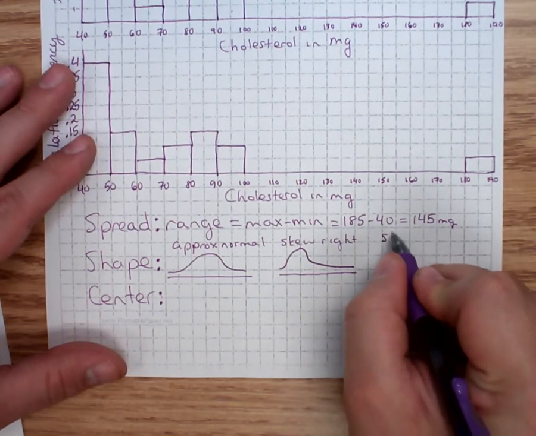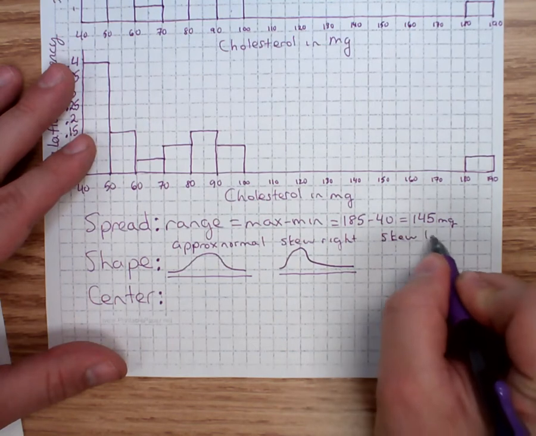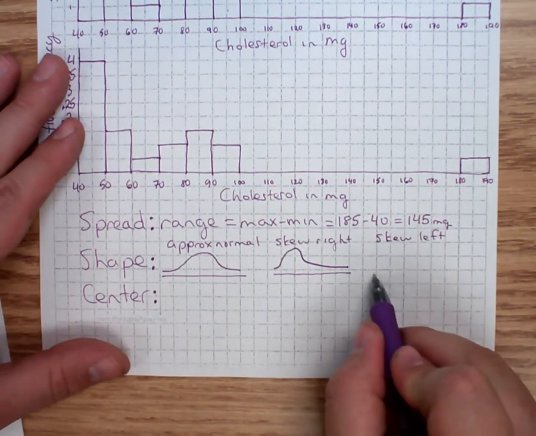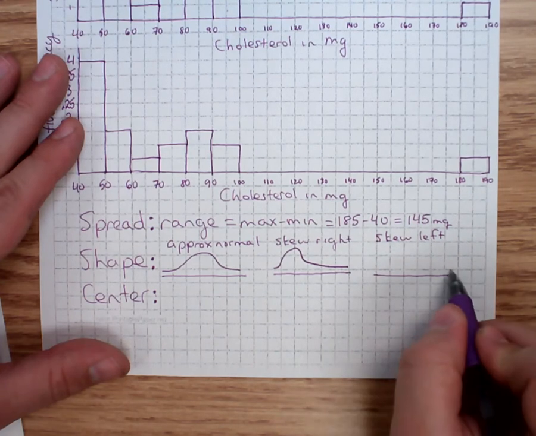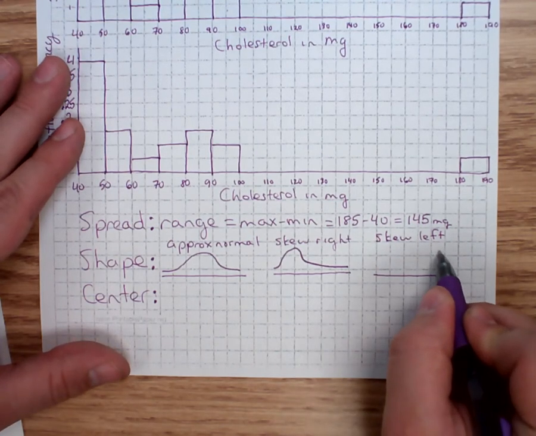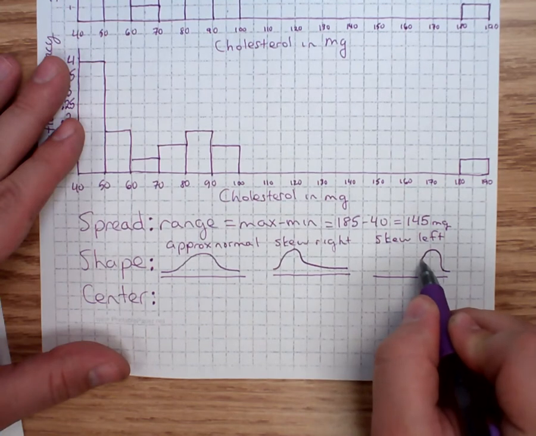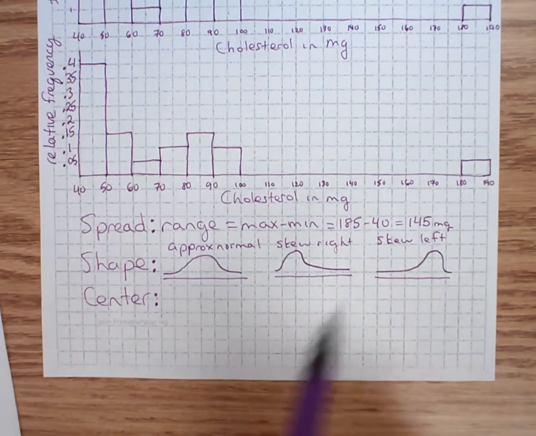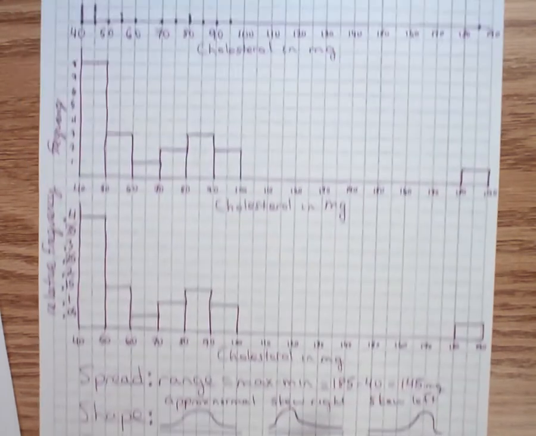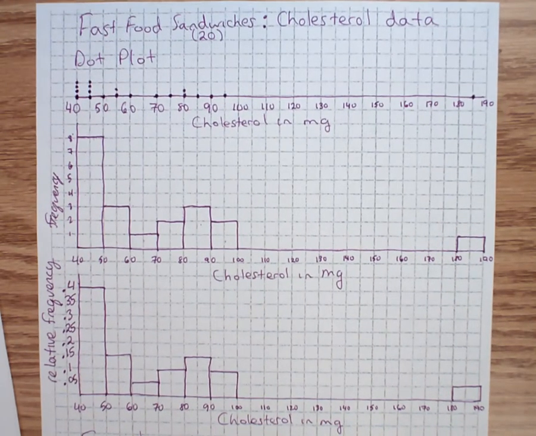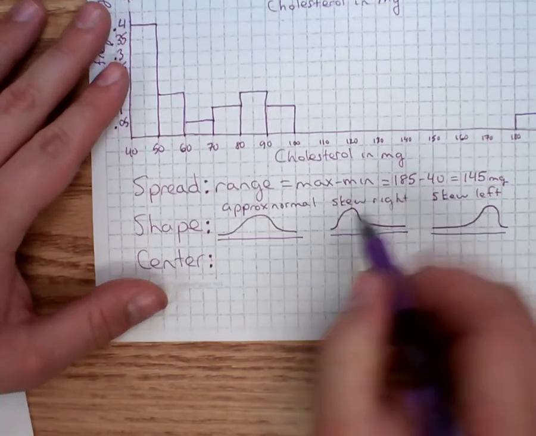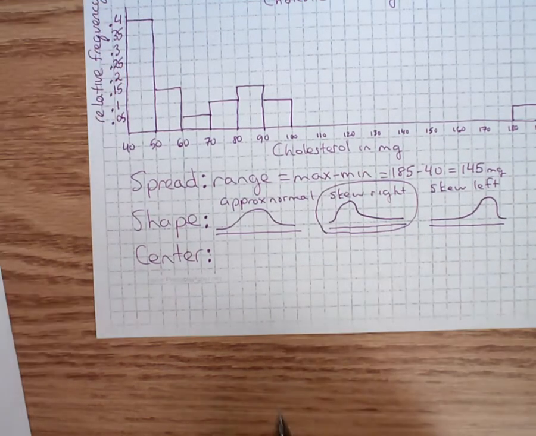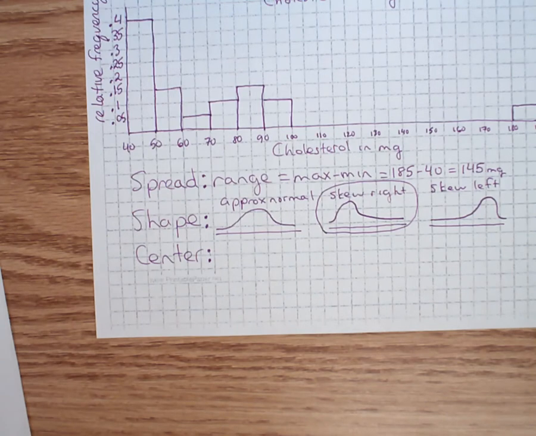Skew left is where it tails off at the left. So for this spread of data, what do we have? Skew right. I'm just going to circle it since I drew all three because I wanted this to function as notes for you.